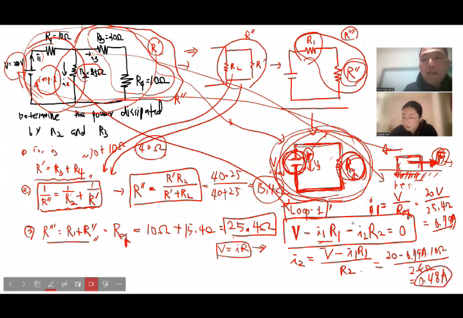So now we find out how much current flows into R2, and last one is just apply the junction rule to find I3. This is the current along R3 and R4. Obviously, from the junction rule, I1 is I2 plus I3, because that current was split into R2 and R3.